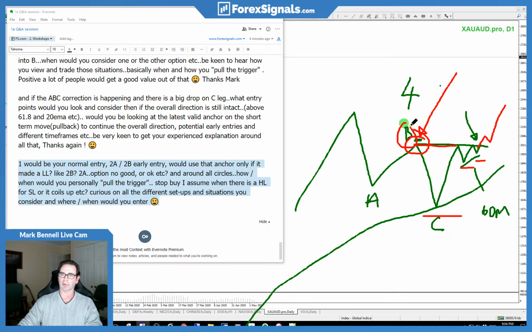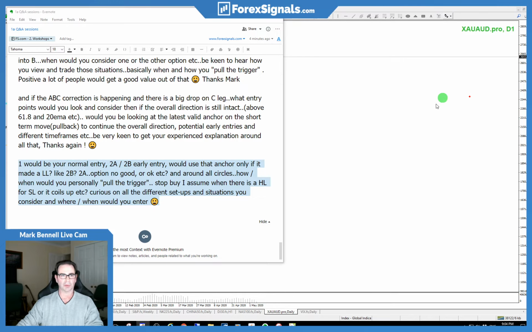This is B wave. All right. So wide structures, you need to drill down. If it's a 60-minute, back to the 20, you'll probably only get 2 or 3 bars and it'll be straight through. So you just have to take it. So that's one entry.